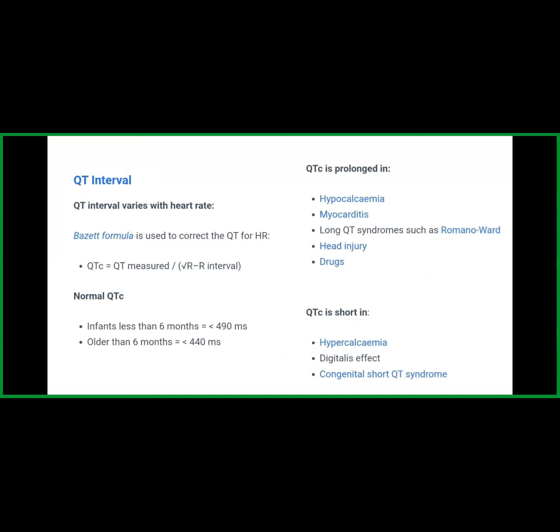In hypocalcemia, myocarditis, Romano-Ward syndrome, head injuries, or certain drugs, QTc is prolonged. QTc is short in hypercalcemia and congenital short QT syndrome. These are calcium-based ECG disturbances, which are very important, and if not recognized, are a very common cause of cardiac dysfunction in children.